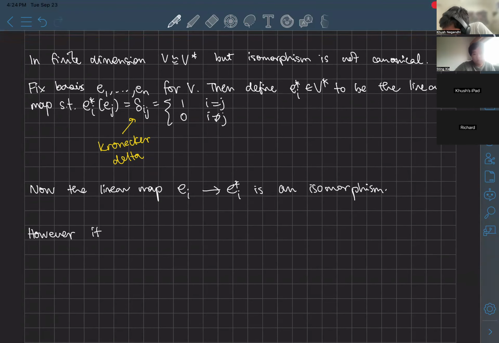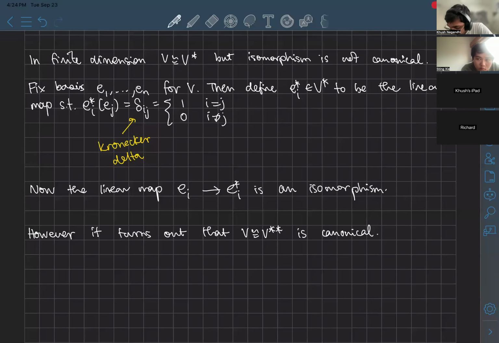However, it turns out that V is canonically isomorphic to the dual of the dual space. Okay. So if you take the dual space of the dual space, then V is canonically isomorphic to that space.